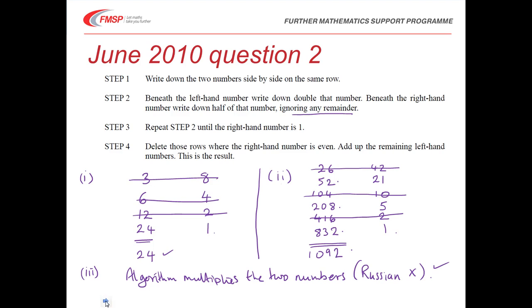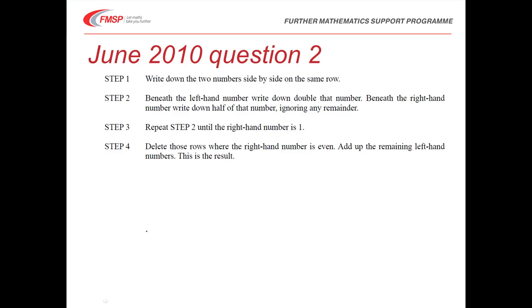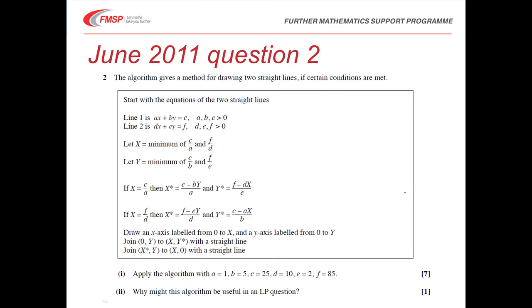Okay, let's go on to another question then. There's a lot to read here, but everything in the box you'll see on another slide. So here is an algorithm, and it tells us it's for drawing 2 straight lines if certain conditions are met.